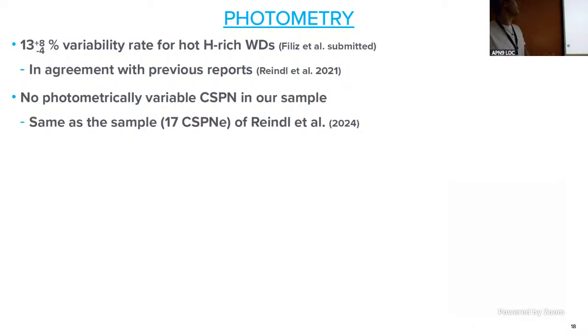However, we didn't find any photometrically variable central stars. This was also in the Nicholls 2024 paper. There were 17 hydrogen-rich central stars, and she also didn't find any photometrically variable objects.